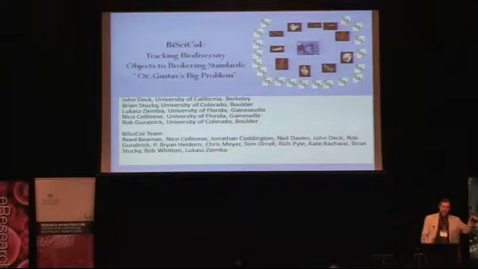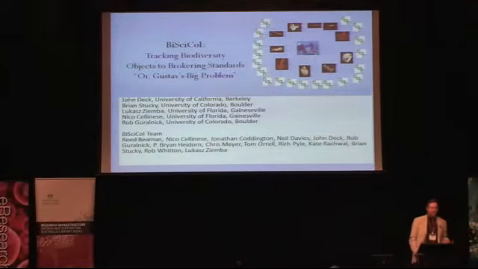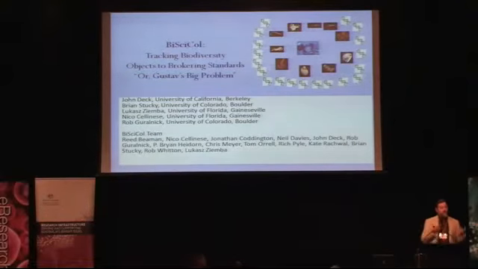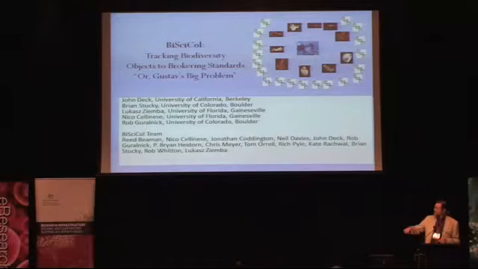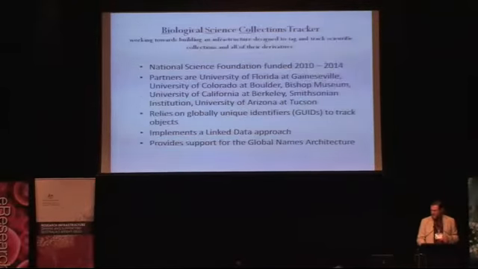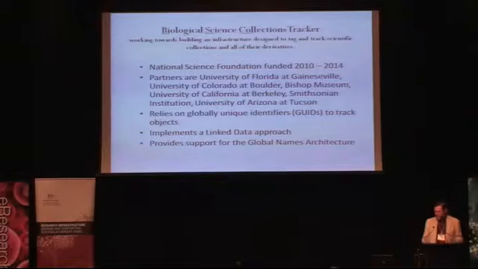It should reach into our observation networks of citizen scientists where it's been seen, and pull all the data back. Right now, we can't do that. So how do we do it? This is also called Gustav's big problem. Well, we'll find out who Gustav is in a while. I have many, many collaborators on this project listed here. So it's funded 2010 through 2014, many partners all over the place.